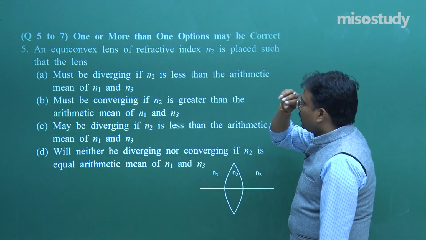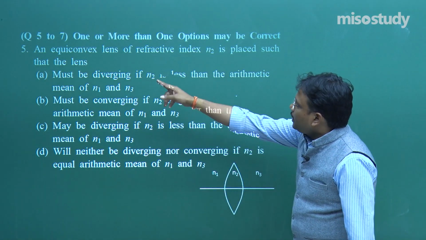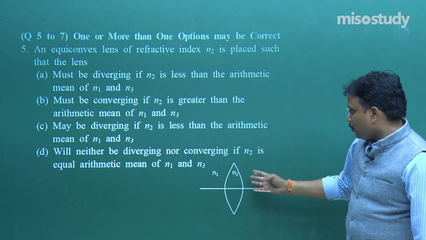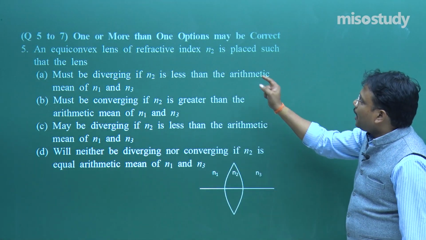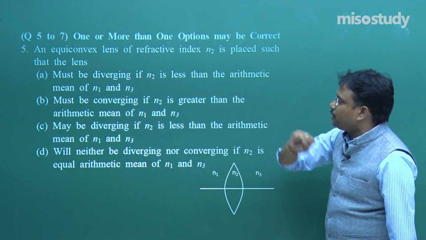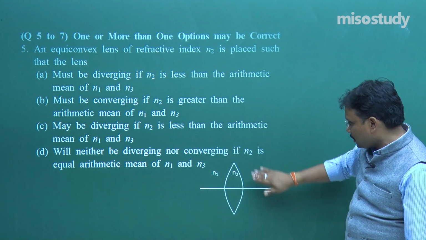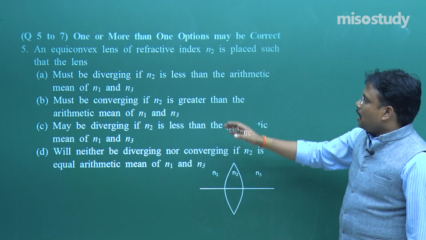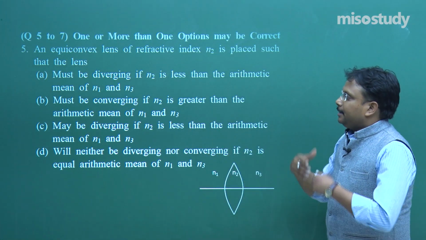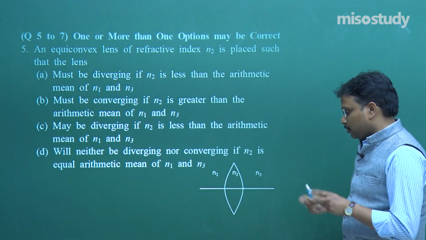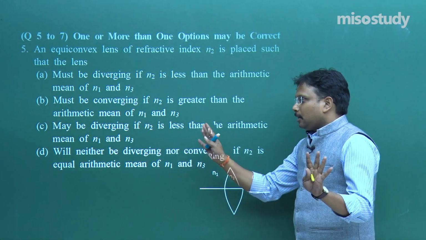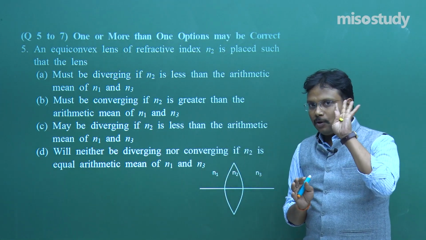So let's try to understand the problem. An equiconvex lens, with a beautiful diagram in front of you, of refractive index N2 is placed such that the lens, which lens? This lens, must be diverging, converging, and so on. Now, forget everything. Listen carefully, one sentence.